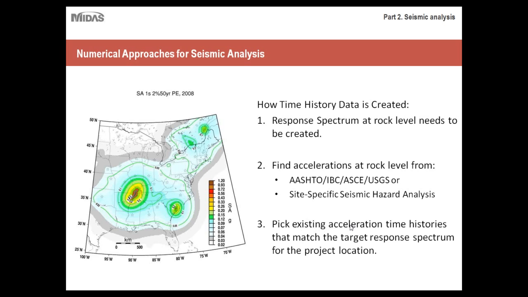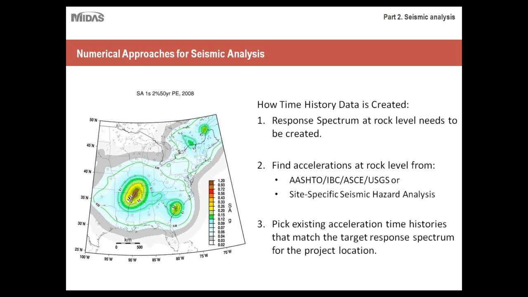And then last, you'd pick existing acceleration time histories that match the target response spectrum for the project location. Essentially you'd have all these time history graphs available to you, and then you just have to pick and choose. And once again, this is where it really is up to the engineer to decide which acceleration functions, which time history functions, are best suited for their project.